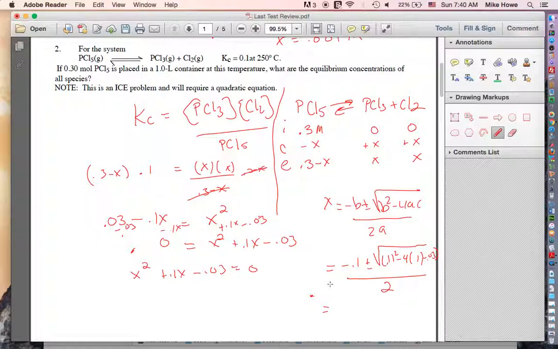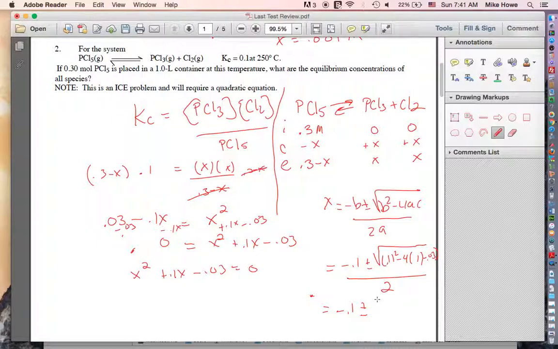So I'm going to work out what is underneath. I'm going to go ahead and do everything in this area because it's easier to see the problem's solution when you do that. So it's negative 0.1 plus or minus, and I'm going to work out all that stuff underneath the radical. So it'll be 0.1 squared, 0.1 times 0.1. And then I'm going to add 4 times 0.03, because minus a minus is a plus.